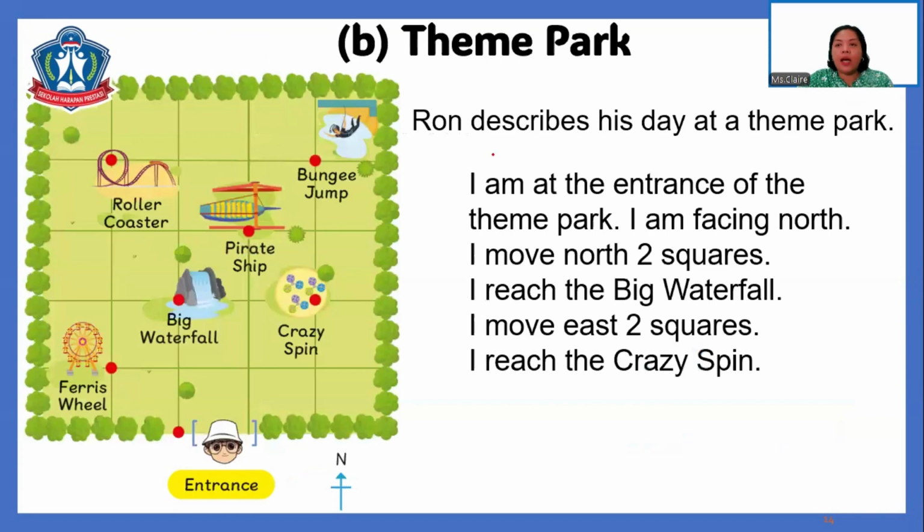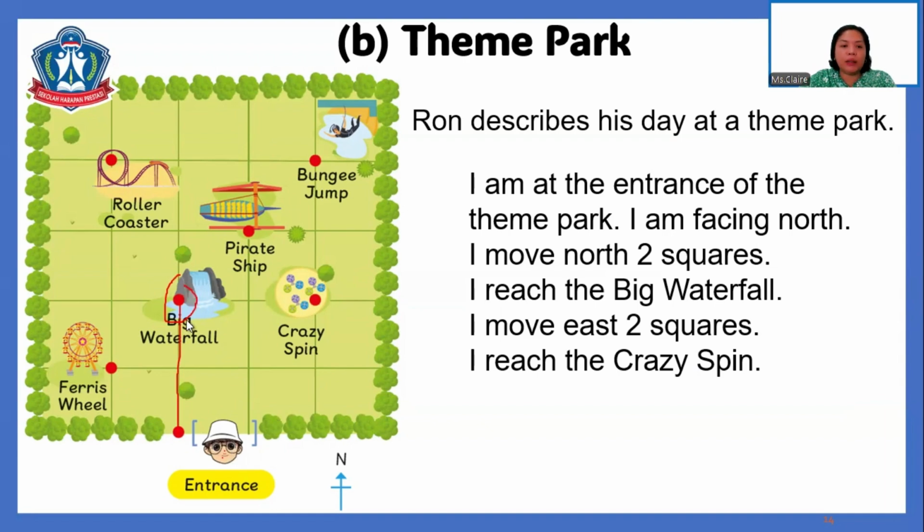Take a look here. Ron describes his day at a theme park. Ron is here. I am at the entrance of the theme park. I am facing north. I move north 2 squares. I reach the big waterfall. From here, 1 square, 2 squares. So he's in the big waterfall now.